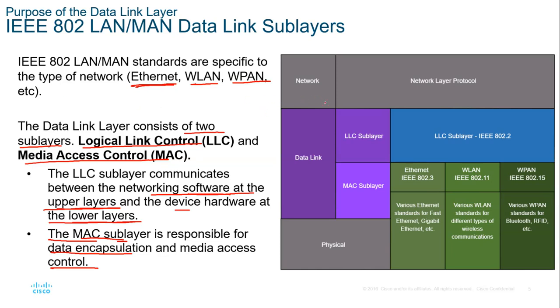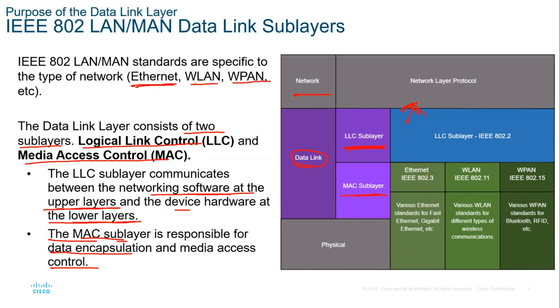So when you look at our layers here, we have the network layer, which is one of the upper layers. Then our data link layer, subdivided into the sublayers: logical link control, and then MAC. The LLC communicates with the upper layers, that is with the applications used. And the MAC sublayer is the one in charge of encapsulation.